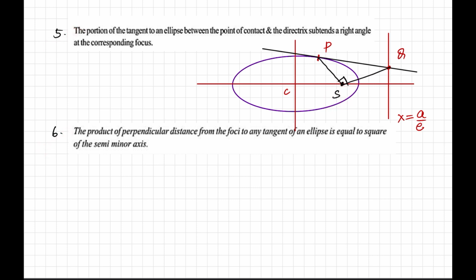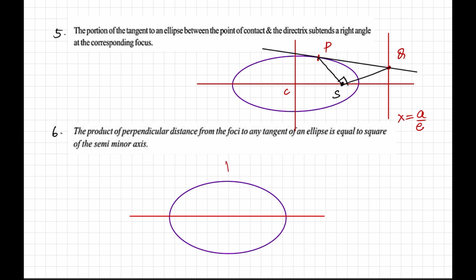Now let us look at property number 6. Now here the property is the product of perpendicular distances from the foci to any tangent to an ellipse. So again let us take an ellipse और यहाँ पे हमको क्या बोला है, तो हम सबसे पहले मेजर एंड माइनर एक्सिस ड्रॉ कर लेंगे एंड वी टेक अ tangent.